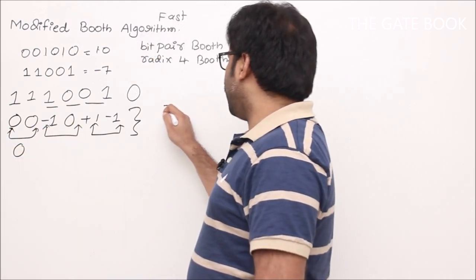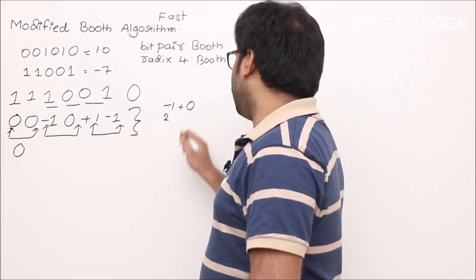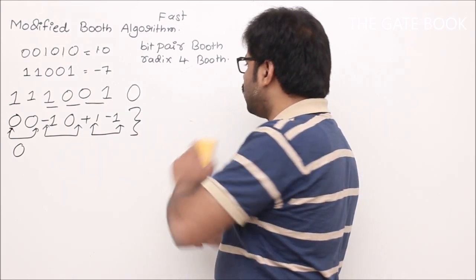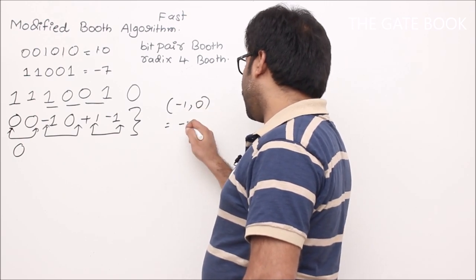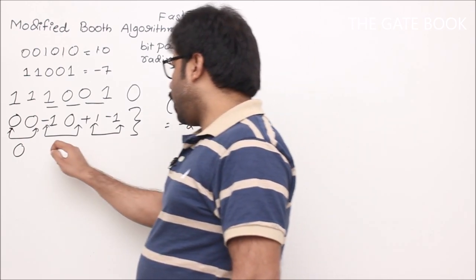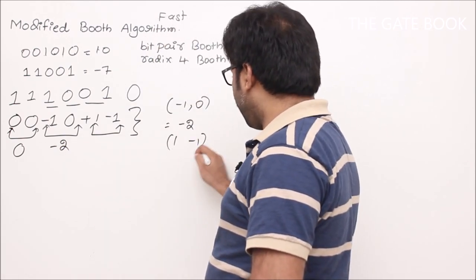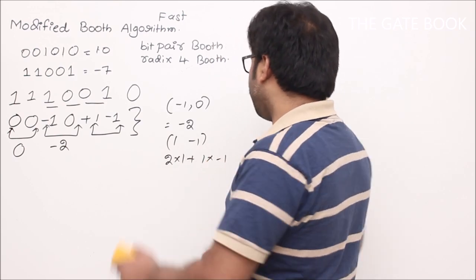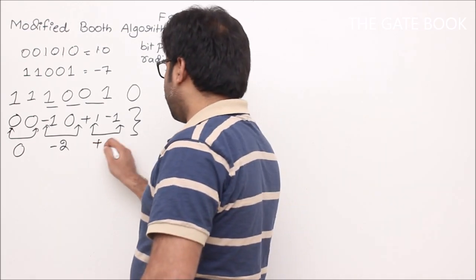Minus 1 0: let's recall, 2 into this plus this, 1 into 0, correct? So that is the weightages. Always remember minus 1 0 is nothing but minus 2, correct? So you write minus 2 here. 1 and minus 1: 2 into 1 plus 1 into minus 1 is nothing but plus 1, right? So this is the conversion.